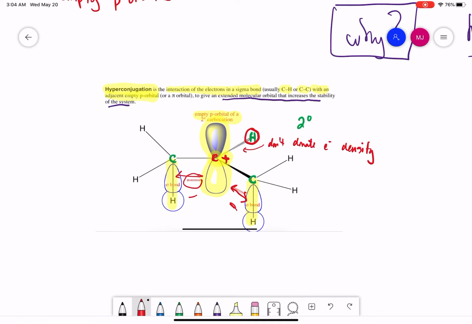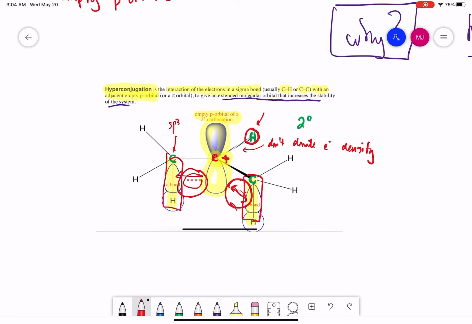If we had a tertiary carbocation here instead, we'd have 3 sigma bonds supporting the empty p orbital. 3 would be better than 2, and 2 is better than 1. It's these interactions here. Only one bond can be parallel at a time because the adjacent carbons are sp3 hybridized. All right, so that's what hyperconjugation is.